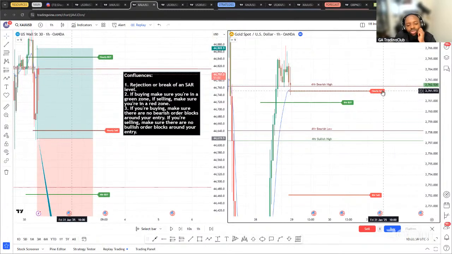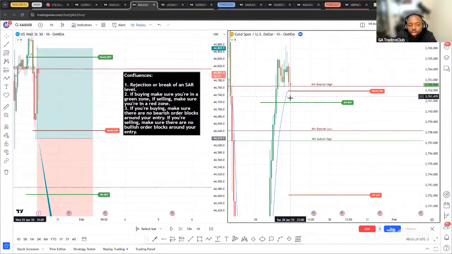I'm probably going to take off the sell and buy labels, because here the key thing is the location of the SAR level relative to the candle. If the SAR level is below the candle, you use that as a buy SAR, or a buy level. So even though it might say a sell here, it doesn't mean that. You'd only use it for a sell if price closes below it, using the first candle it interacts with.